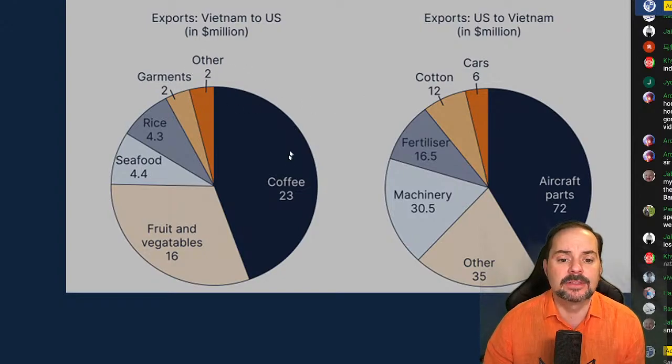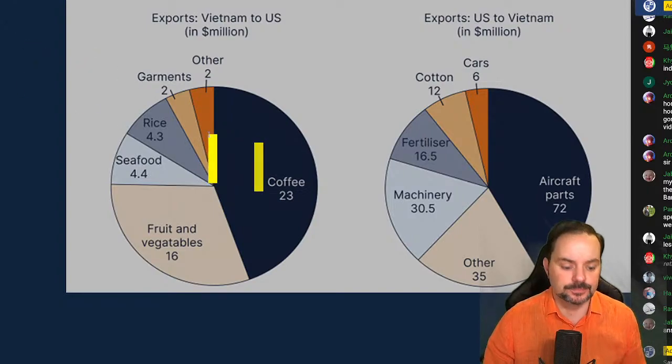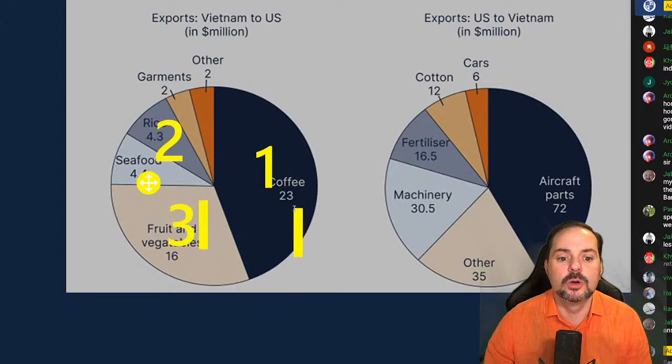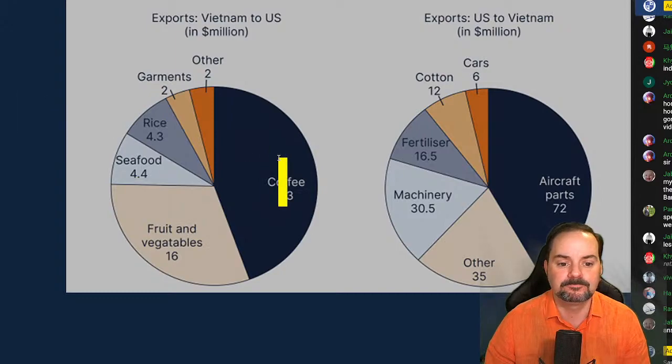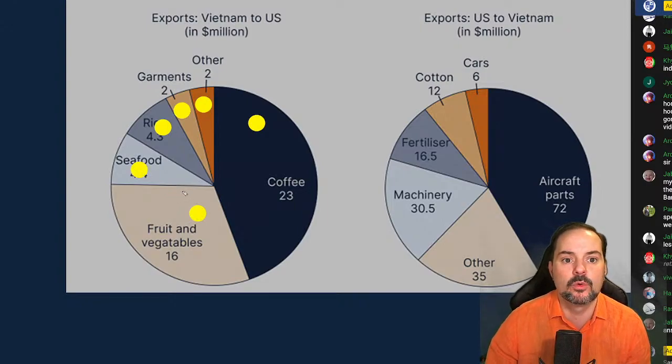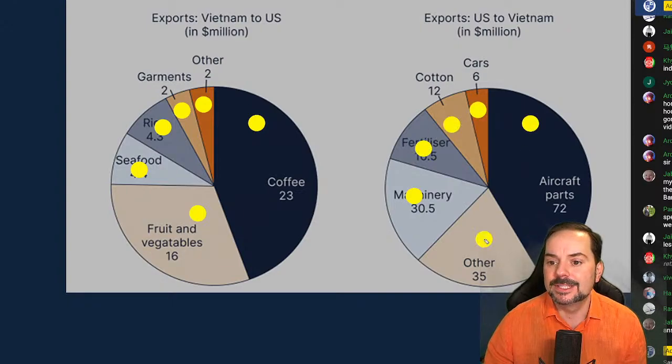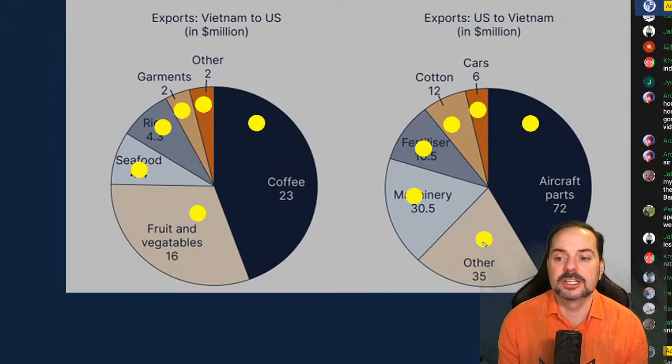We just want to look at the slices. So basically we count the number of slices. There are 1, 2, 3, 4, 5, 6 slices for Vietnam's exports to the US, and 1, 2, 3, 4, 5, 6 items mentioned for US exports to Vietnam.